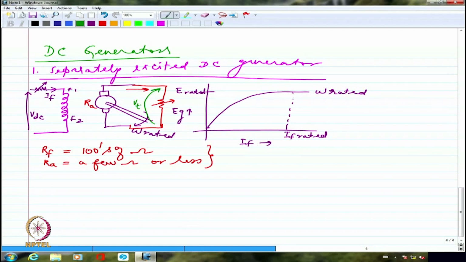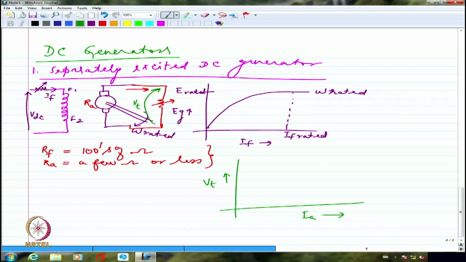VT will keep falling further and further as I draw more and more current from the generator. So if I try to plot how VT is as compared to what my armature current is, please remember or notice that you are going to have IA and IF independent of each other because they are supplied from two different entities.